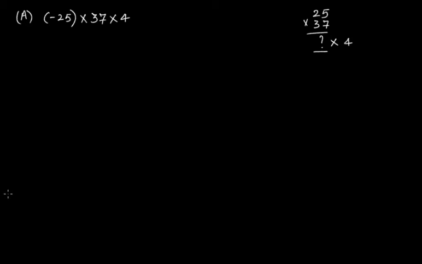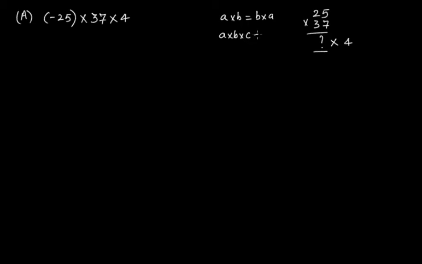commutative and associative properties. Now, by commutative property we mean that if A times B is there, then it's equal to B times A, right? This is the commutative property. And it can be A times B times C also.